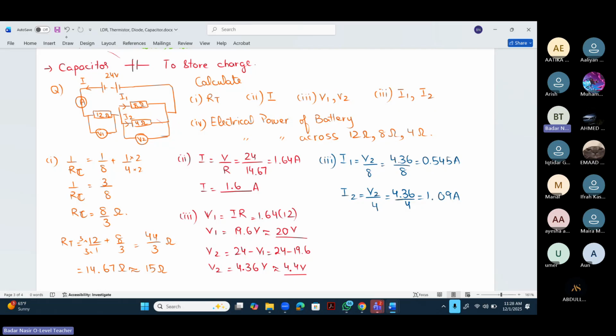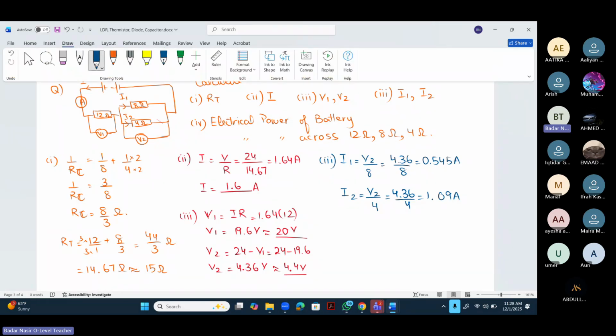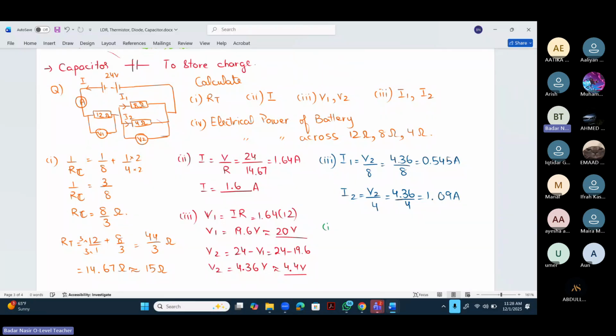Now we have to calculate the electrical powers of each electrical component. If you have to calculate the electrical power of the battery, what is the formula for power? P equals IV. I is the current, V is the voltage.